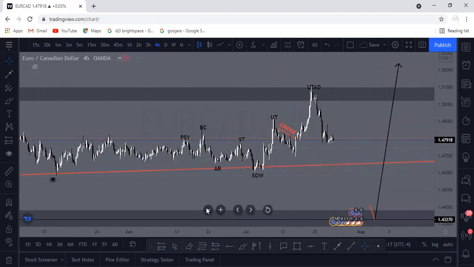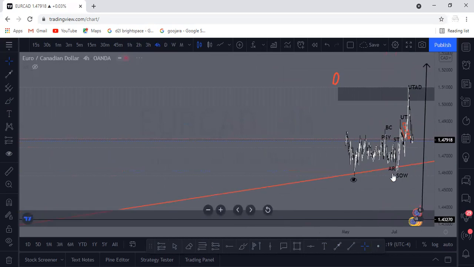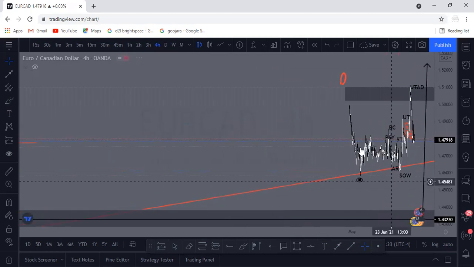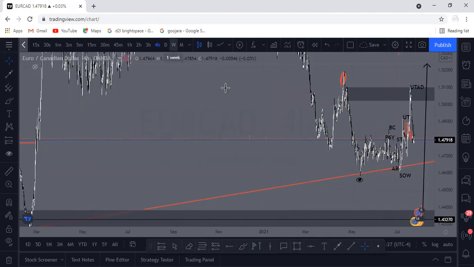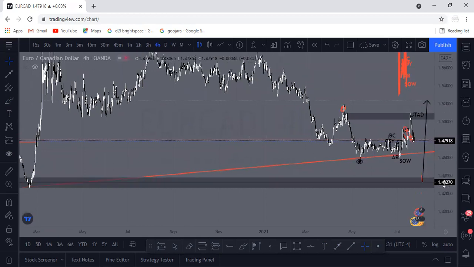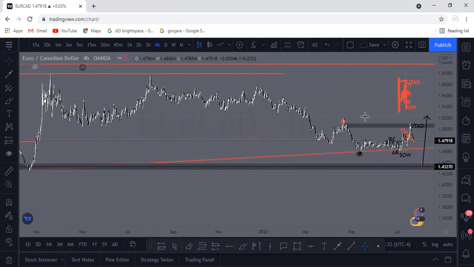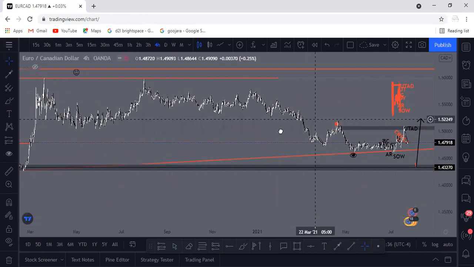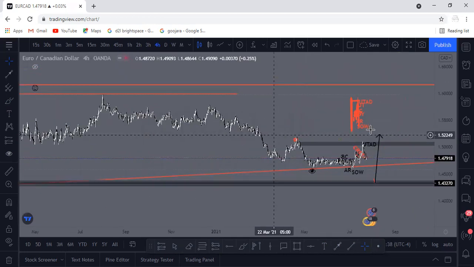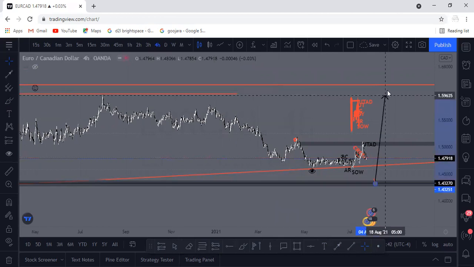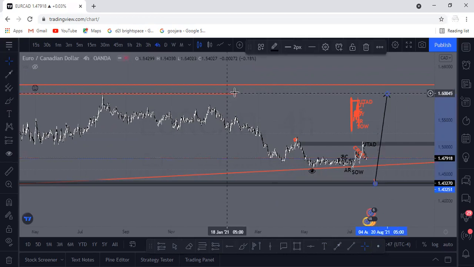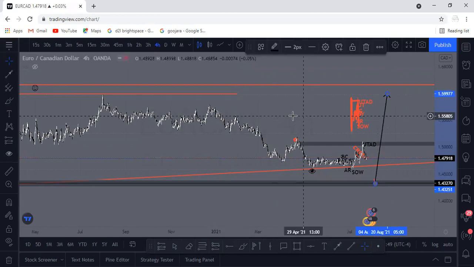Okay, let me check this. All right, according to the weekly time frame, the price has to move like this to go back up. Your first TP will be here, according to these equal highs.